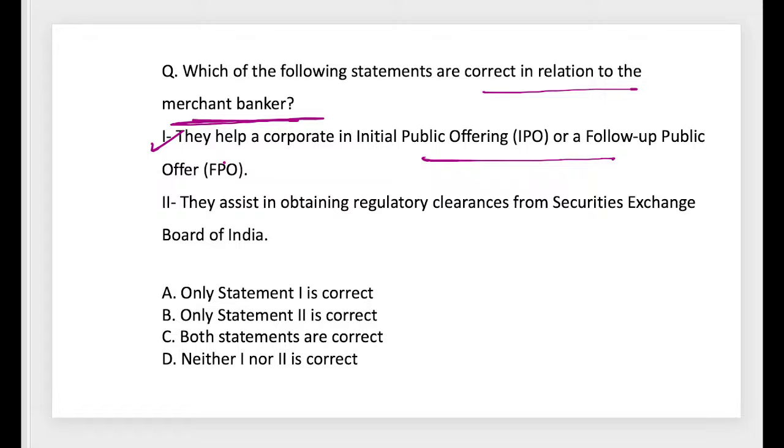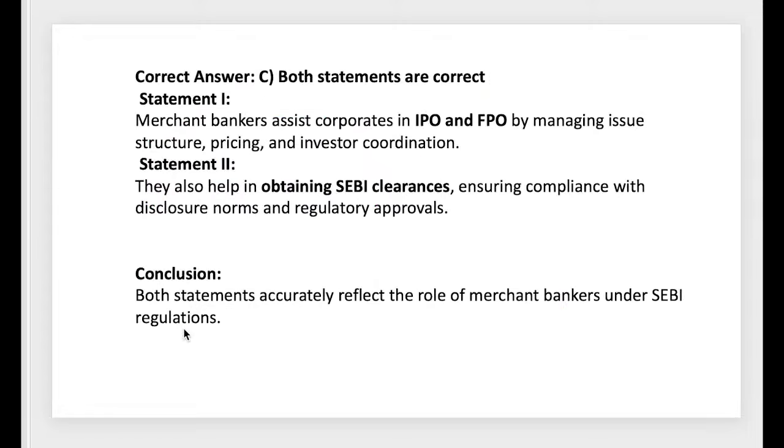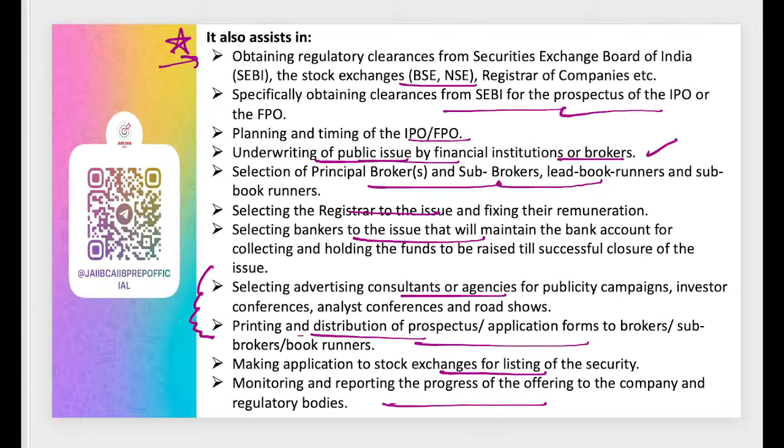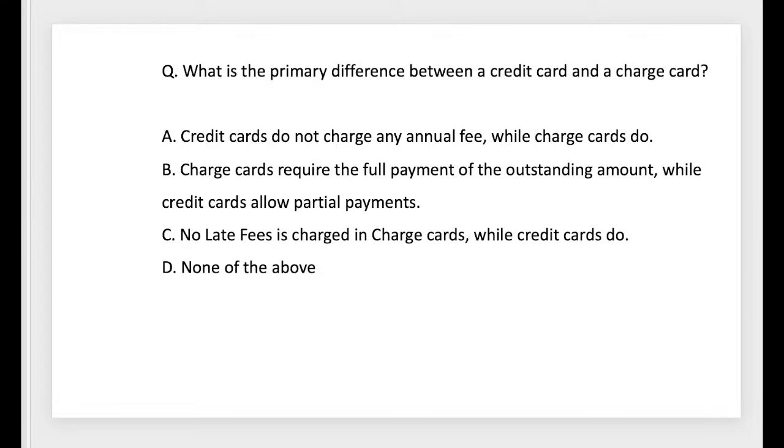Another statement: they assist in obtaining regulatory clearances from SEBI for IPO, FPO, NFO and other areas also. I have kept the overall areas related to the statements, so you can go through these particular ones. That will also help you to revise things.